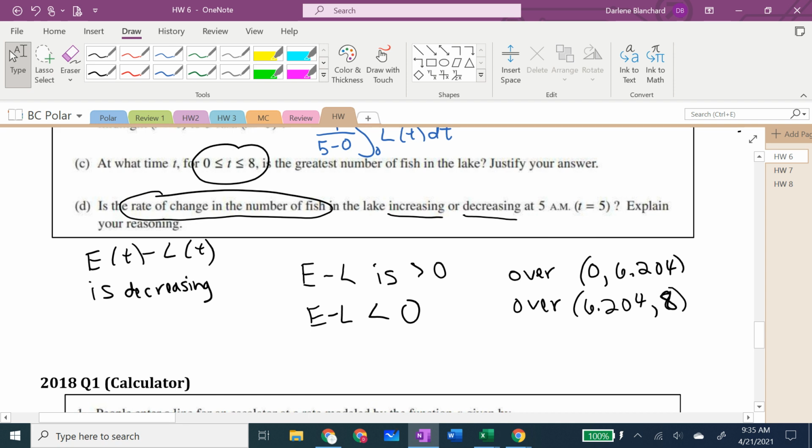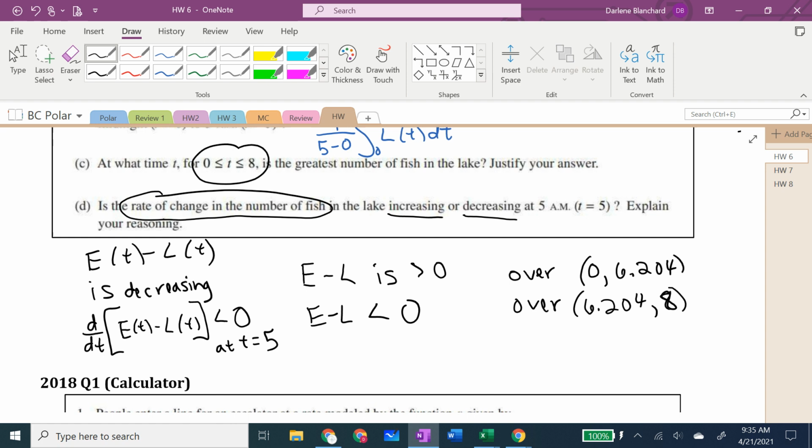You need to say because the derivative of E minus L is less than 0 at t equals 5. You have to express that that is why. Now, I see on the answer key that it gives the actual derivative number. But the explanation of saying that that rate of change is negative is what they need.